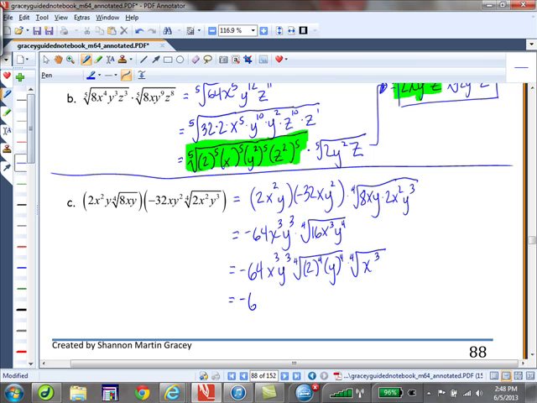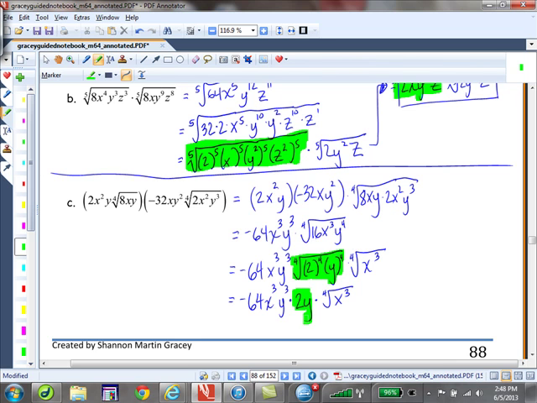So we will get negative 64 x cubed y cubed times whatever we bring out of this radical, which is 2y, times the fourth root of x cubed. So this here was evaluated as this 2y here, and anytime you evaluate a root, you multiply it to whatever number is already being multiplied to that root.